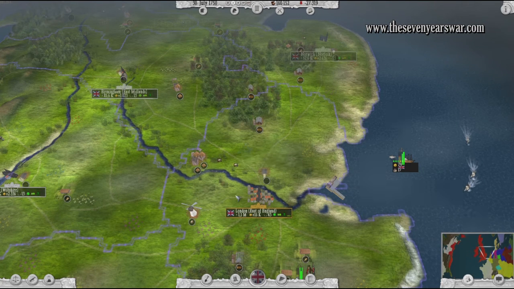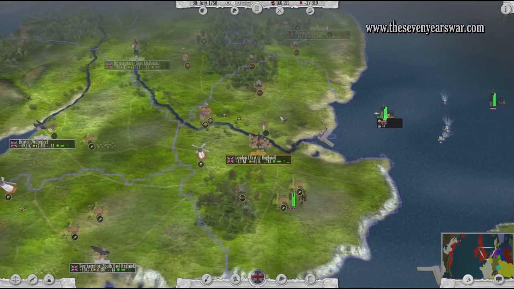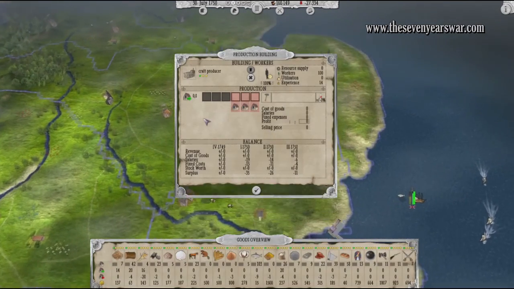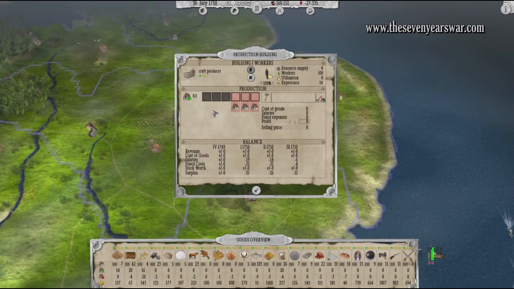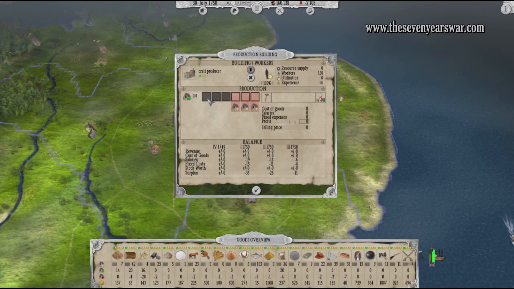Traders are also used to deliver pre-goods to your companies. If you go to a craft producer, for example, you may produce brick here. Brick needs loam as pre-good, so you have to wait until a trader comes up and delivers loam.